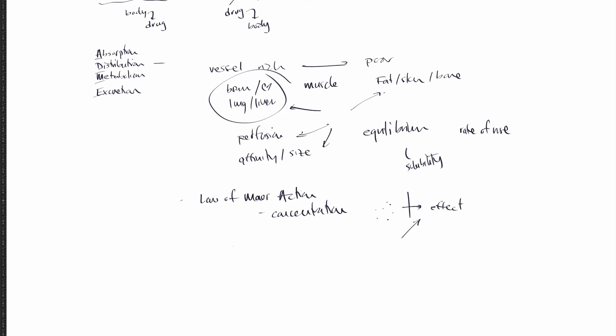Other factors that affect this include protein binding. The two types of proteins that we have in our blood most commonly are albumin and alpha-1 acid glycoprotein. Albumin often binds acids, and alpha-1 acid glycoprotein often binds bases.